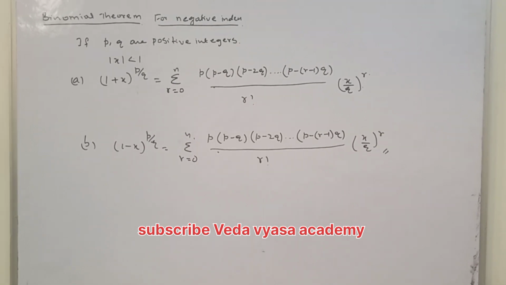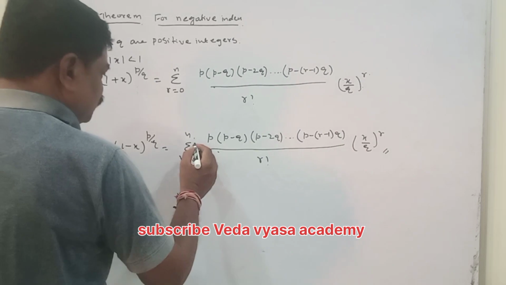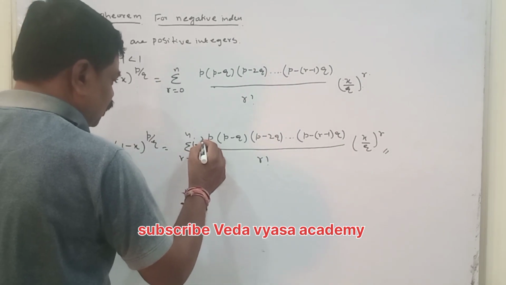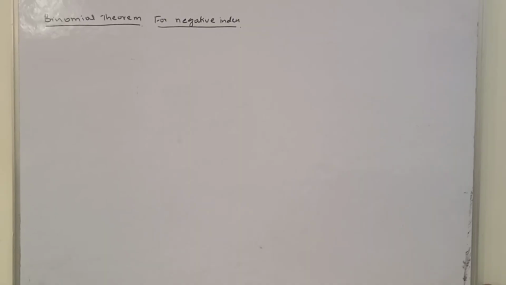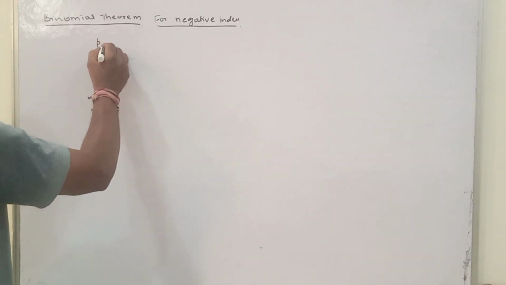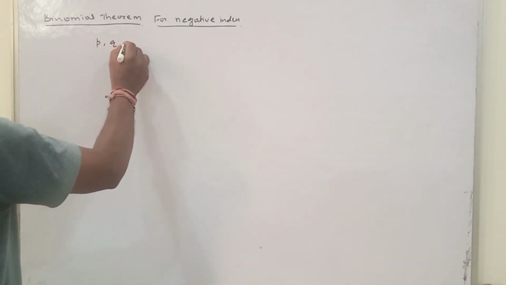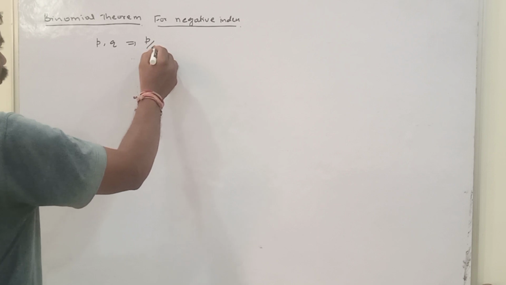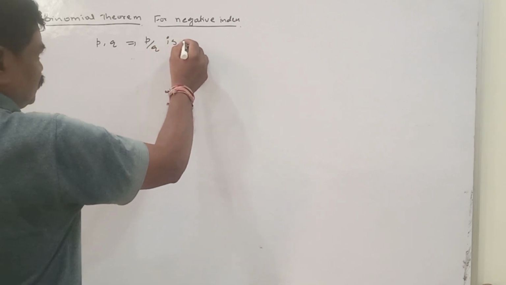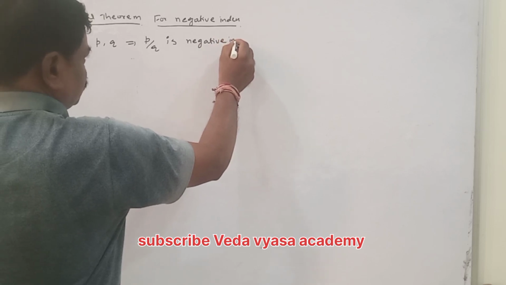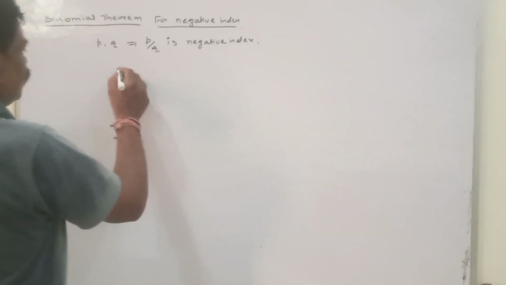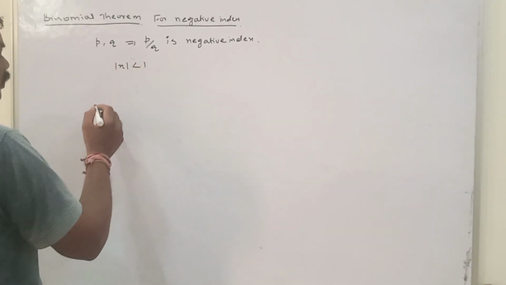And also here there is (minus 1) whole power r. Here we have p, q, which implies p by q is a negative index, mod x less than 1.